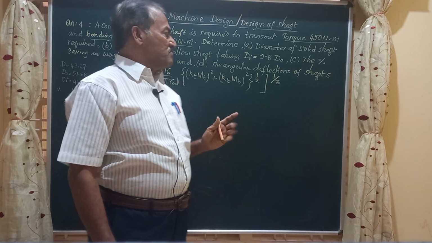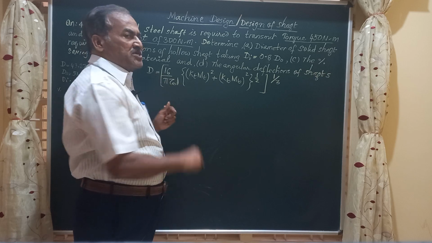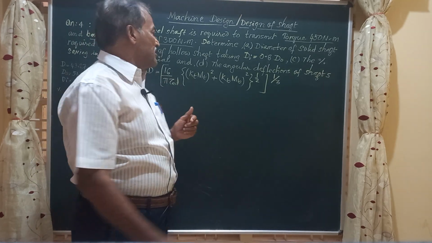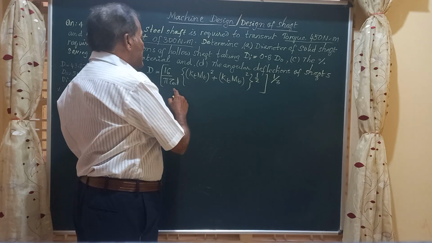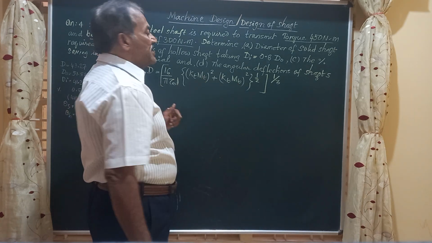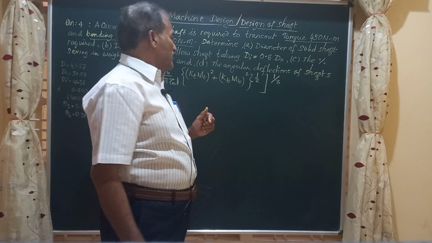Friends, here D is the diameter of the solid shaft which is required to be found out. We know the value of this M_t, M_b, then tau_d, etc. So let us write down these parameters one by one.